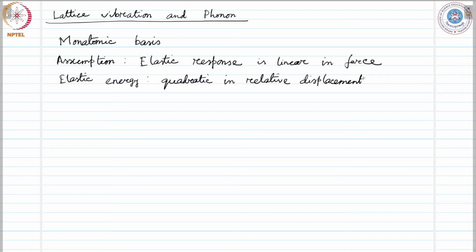If we consider a set of crystal planes, so one plane is given like this. These are the atoms that I am drawing. Another plane is, say, here. I am drawing the atoms. These are the instantaneous positions of the planes.